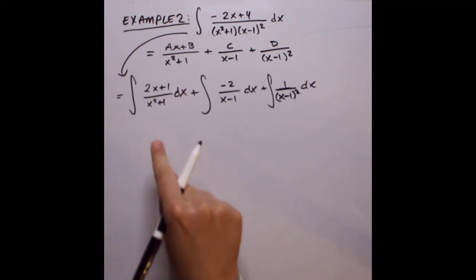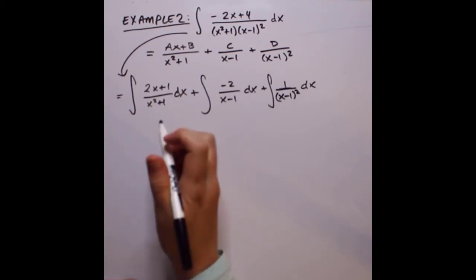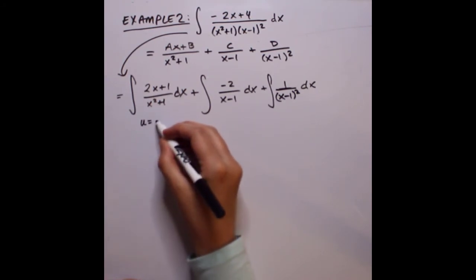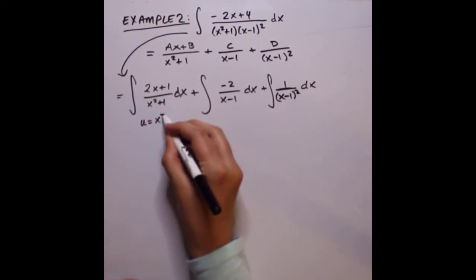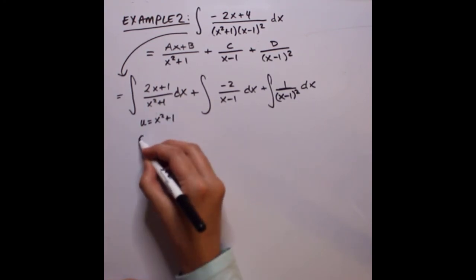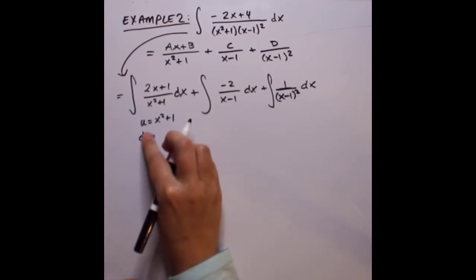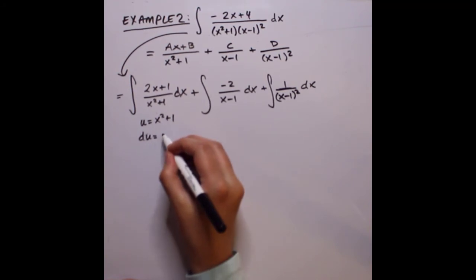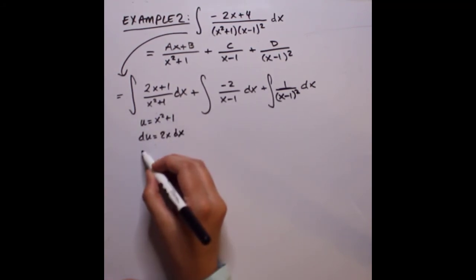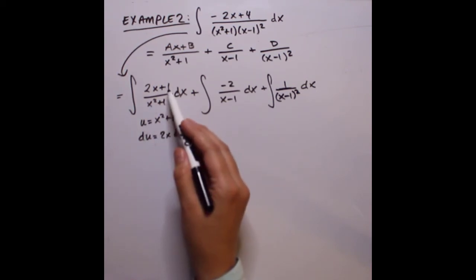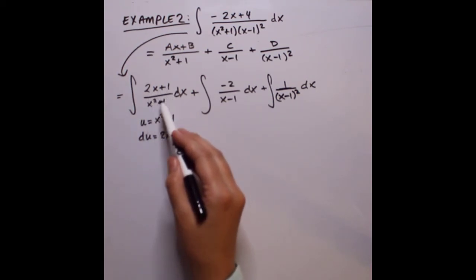So on the first one, we're going to use u substitution. If you let u equal the denominator here, x squared plus 1, du is 2x dx, and so that's going to give us part of what we have up here, but we can separate this into 2 terms.